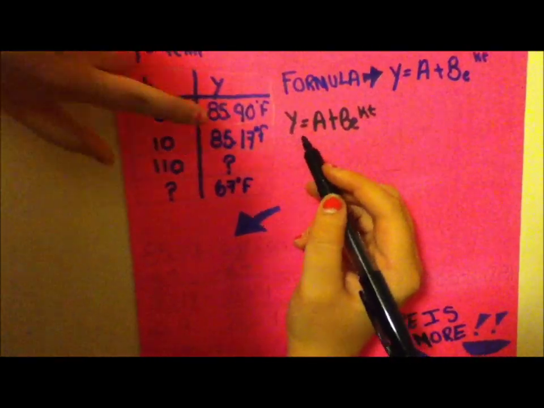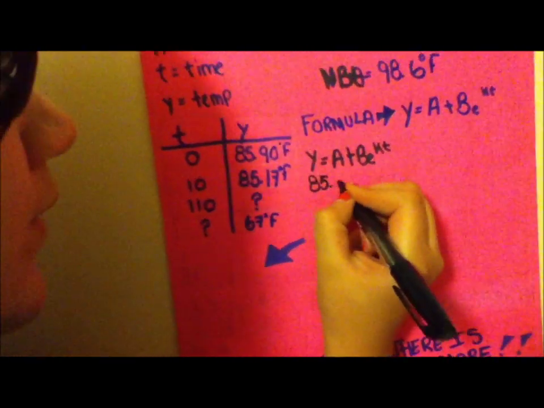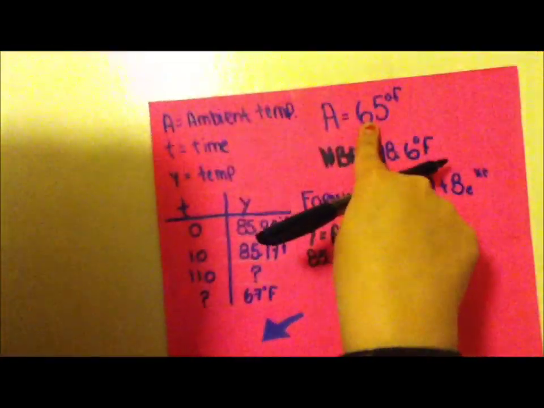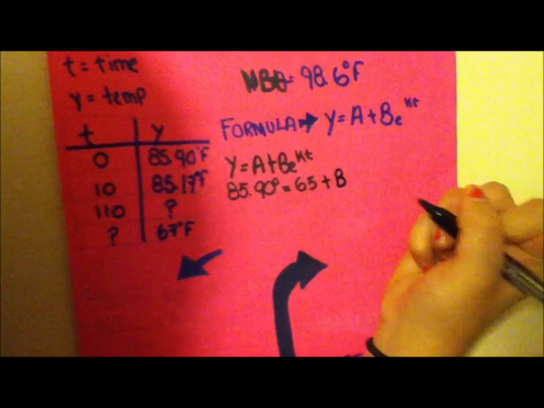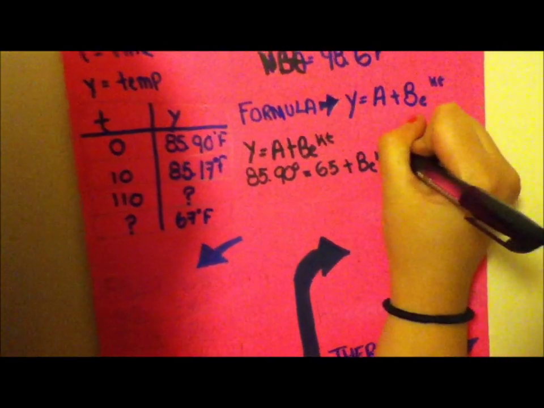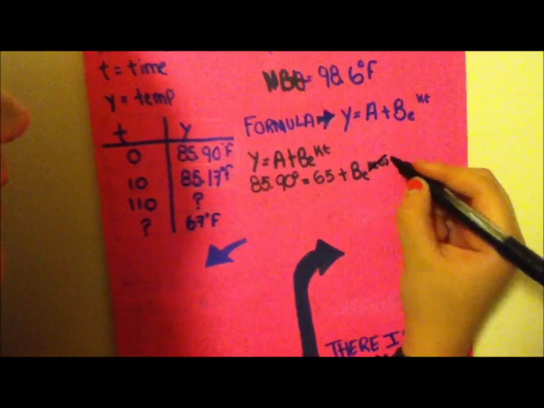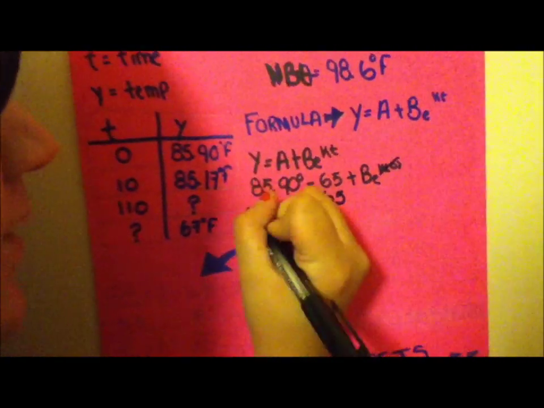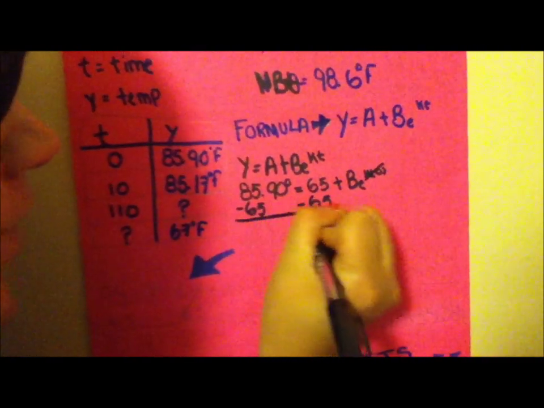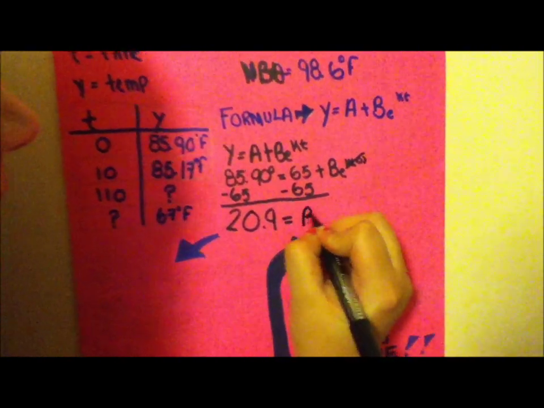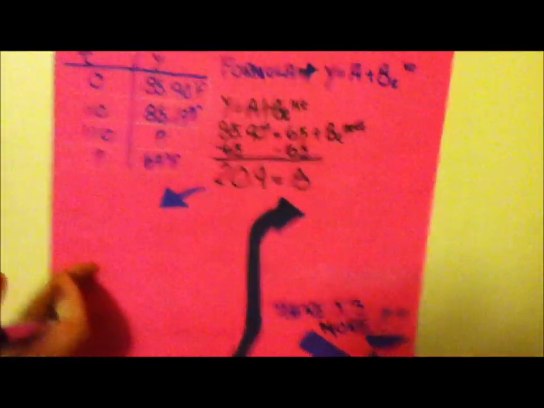Y, our temperature, 85.90 degrees equals 65 from our ambient temperature plus B, because we don't know our B yet, e to the k times 0, that's our time, our T. Here, this gets canceled out, and we're left only with 85.90 equals 65 plus B. We subtract 65 from both sides, and we're left with 20.9 equals B.